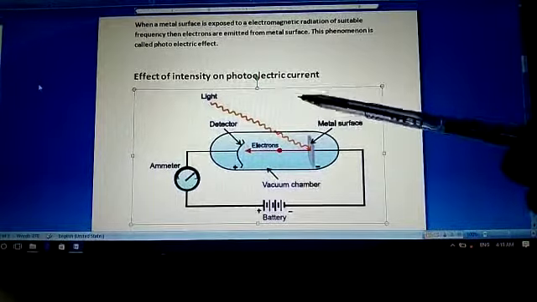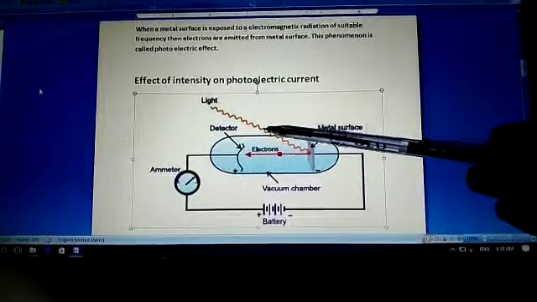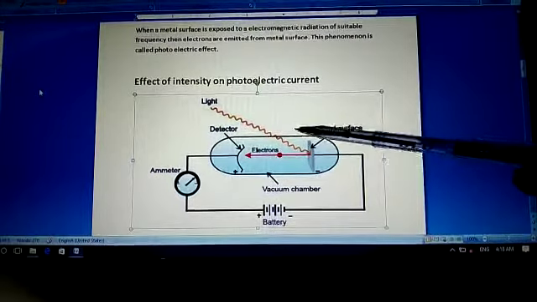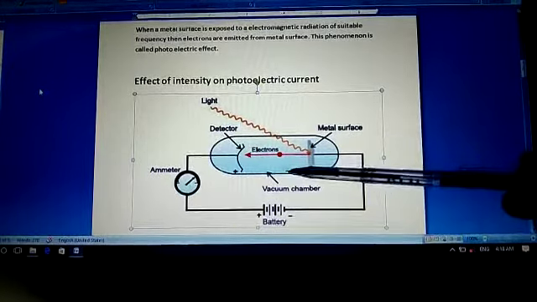Now we check how increasing the intensity of the light falling on a metal surface affects the photocurrent.